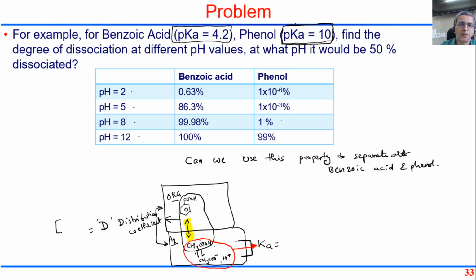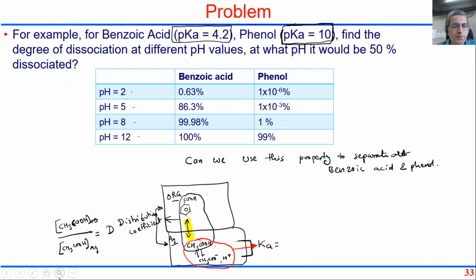Distribution coefficient is the concentration of undissociated benzoic acid in the organic phase divided by the concentration of undissociated benzoic acid in the aqueous phase. This ratio we had called the distribution coefficient for benzoic acid.